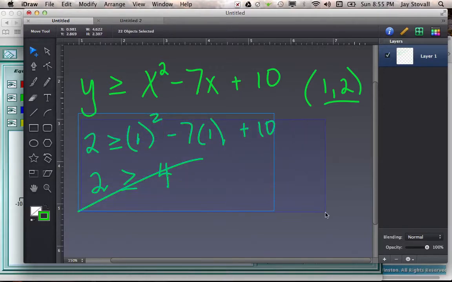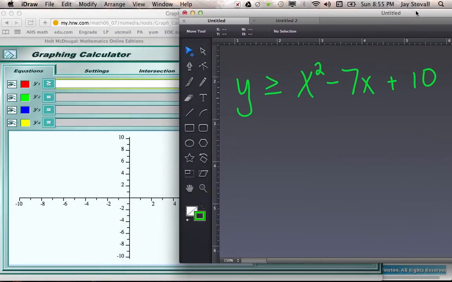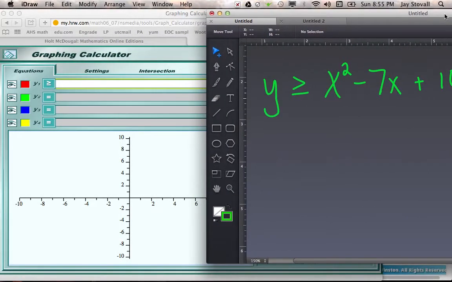Now what I want to show you next is that this works out in much the same way as linear inequalities, insofar as we can graph them and get a pretty good idea of where all the solutions are found.